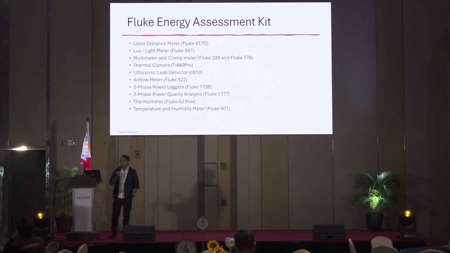This one you can use on your energy, like for example the lux meter or light meter. Sometimes we use LED or CFL or etc., but we have to check the lumens, because we don't want to be super bright.